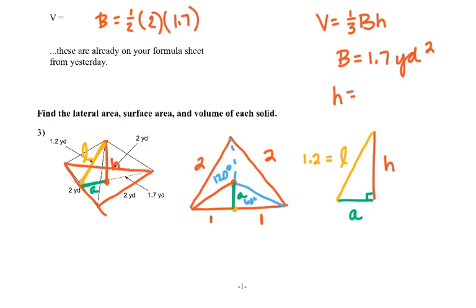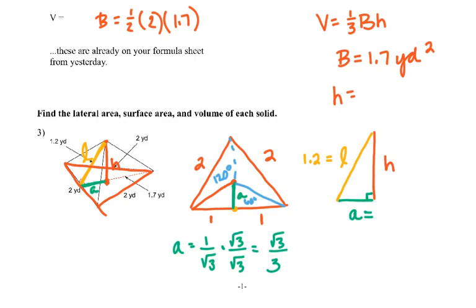Now we're trying to find this apothem right here so that we can use it also here to find the height of the pyramid. We know this is a 30-60-90 triangle, and we've got the long leg, and we need to go back to the short leg. So the apothem is equal to 1 divided by root 3. And when you rationalize that, you get root 3 over 3. And so the apothem is equal to root 3 over 3.